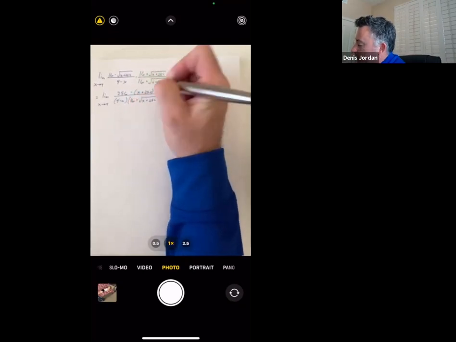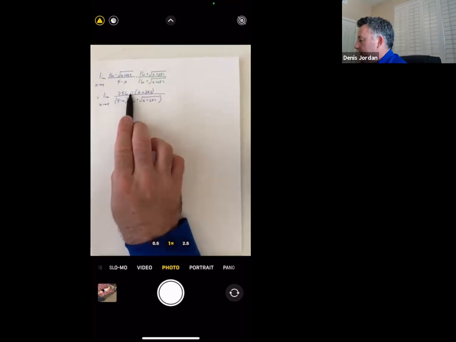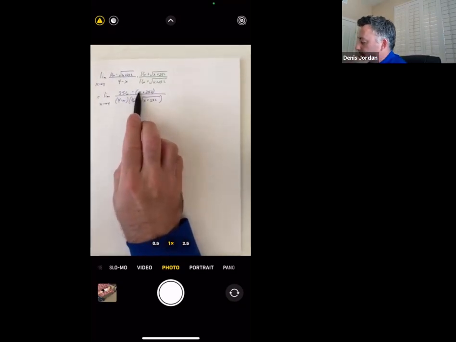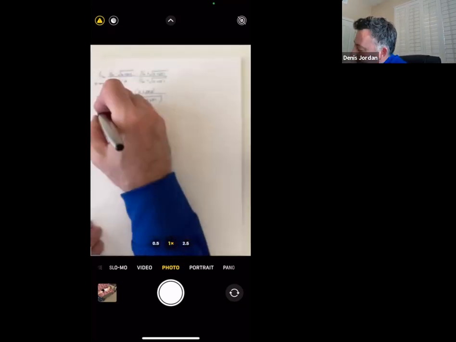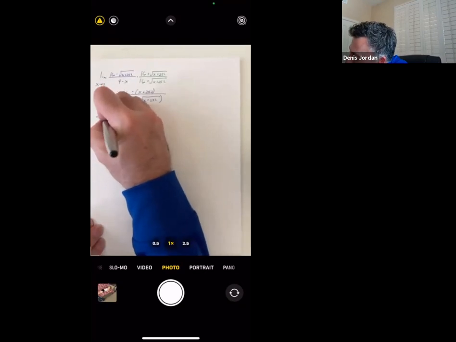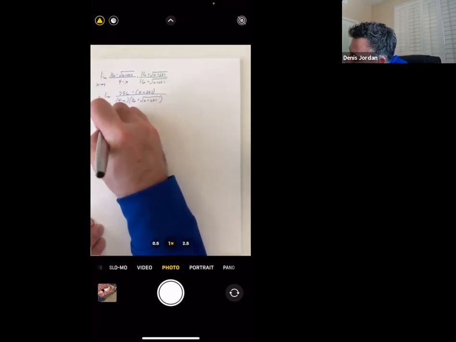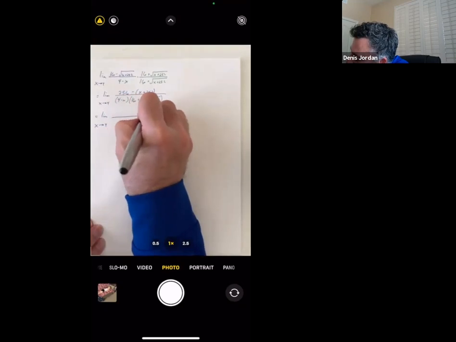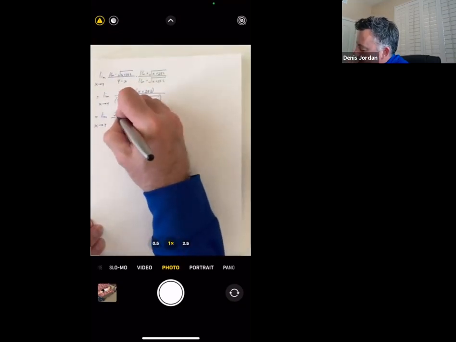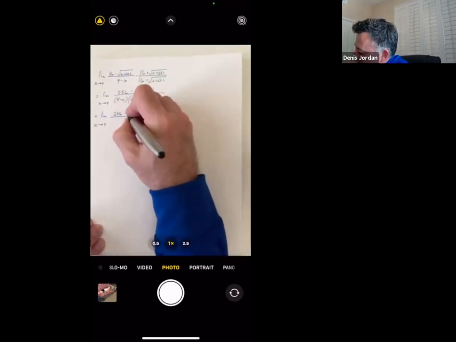Now you do have to be careful because that minus sign is going to distribute across that quantity. So really what you have on top is 256 minus x minus 252.